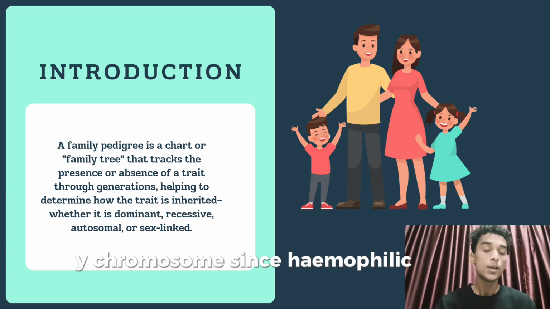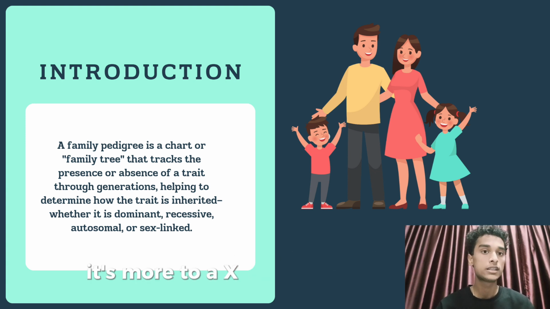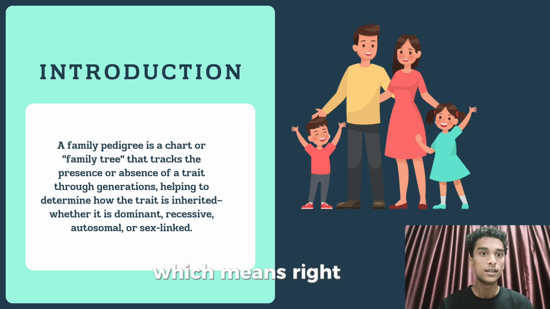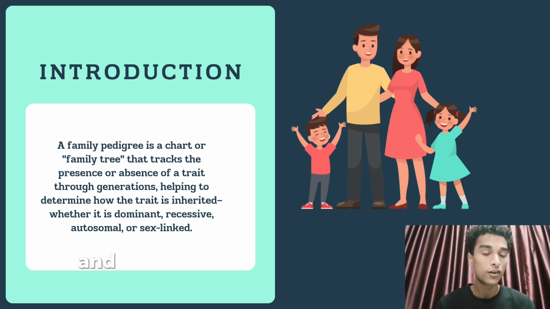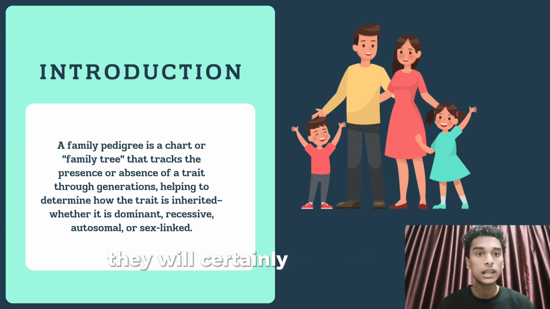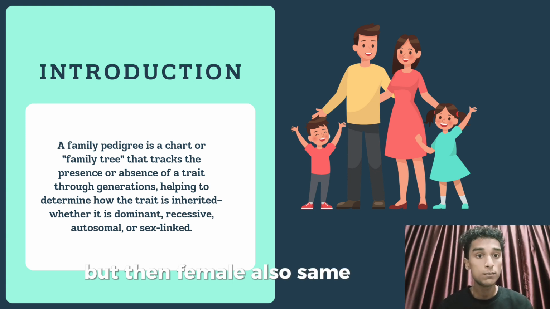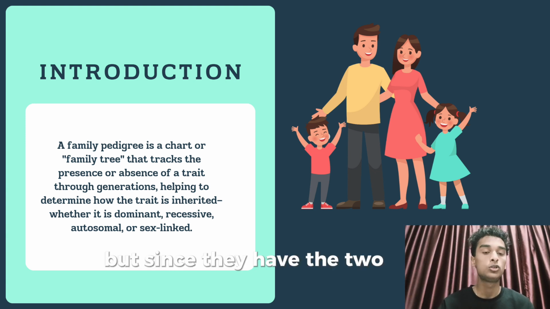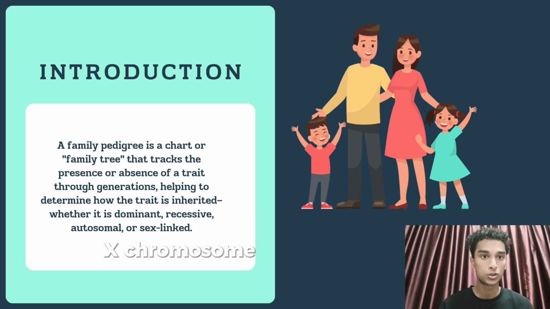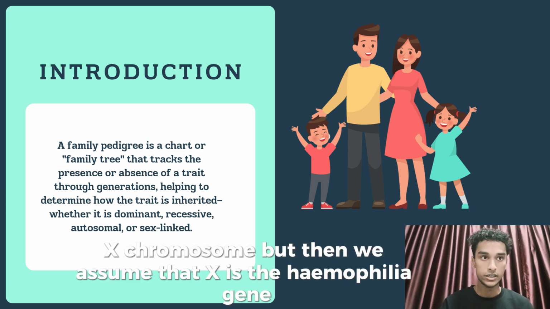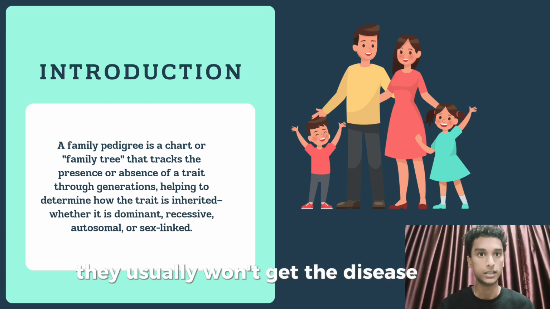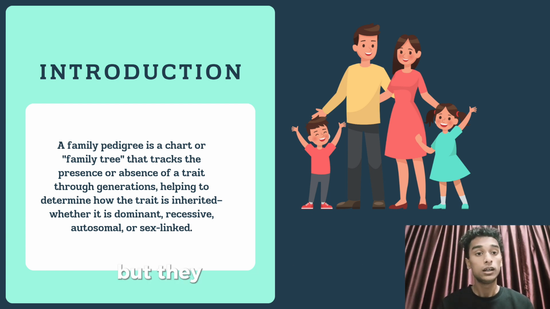Since hemophilia is an X-linked genetic disorder, and males have only one X chromosome, if that X has the hemophilia gene, they will certainly have the disorder. Females have two X chromosomes, so if one X has the hemophilia gene, they usually won't get the disease, but they can pass it down.